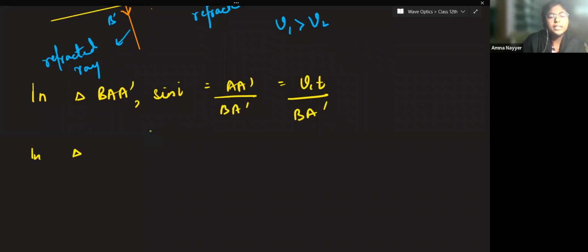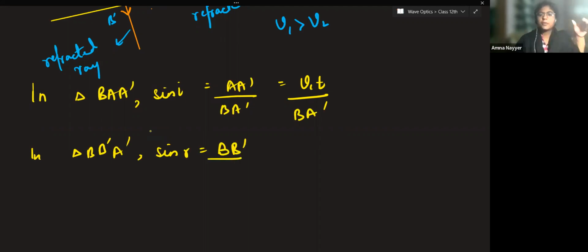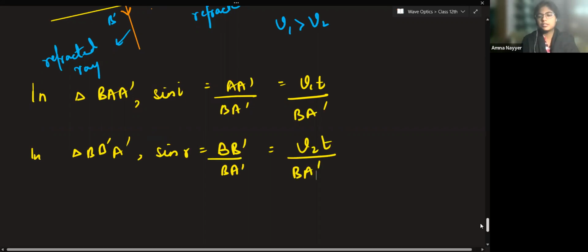In the next triangle B dash A dash, sin R, if you see, that is equal to perpendicular by hypotenuse, that is BA dash again, and BB dash is V2T, so V2T by BA dash. Now take their ratios.